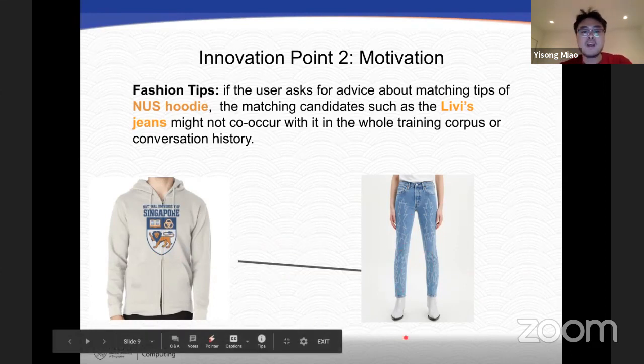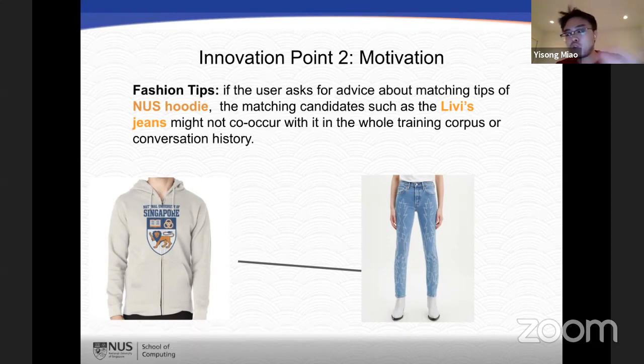Levi's jeans, yeah. However, this type of fashion tips can be collected or pre-processed, and anyway can be obtained for a dataset, right? For any dataset, we can gain such fashion tips. However, existing works cannot incorporate such fashion tips into the dialogue models.